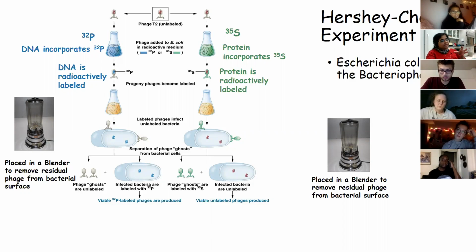So whatever it was, in this case, since it was the DNA that was incorporated here, you see that the bacteria ends up labeled because DNA is what went through. Does that make sense?